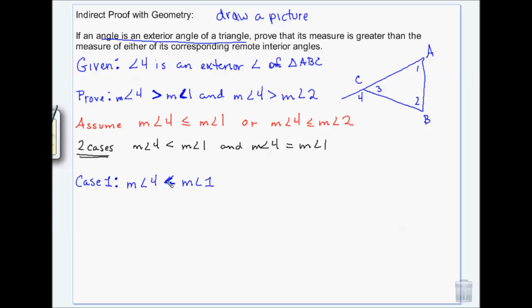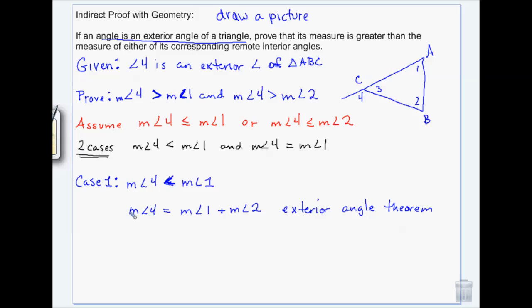So we got less than, right? Well, if we know that angle 4 is an exterior angle, by the exterior angle theorem, that tells me that angle 4 is equal to angle 1 plus angle 2.